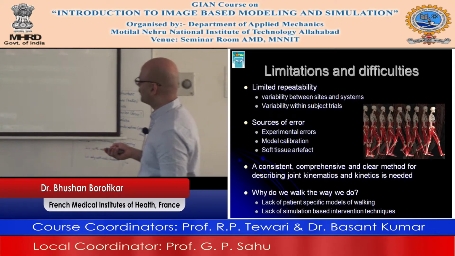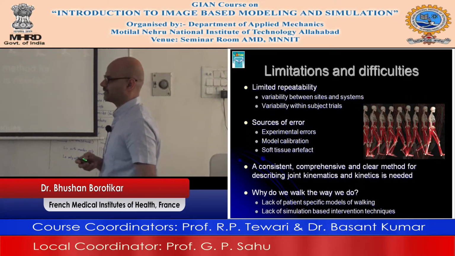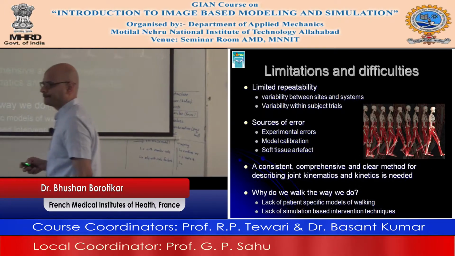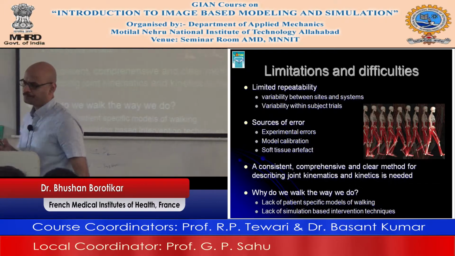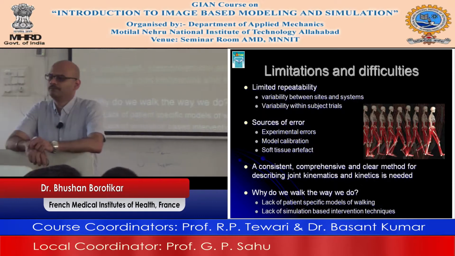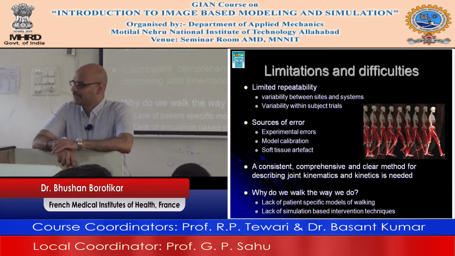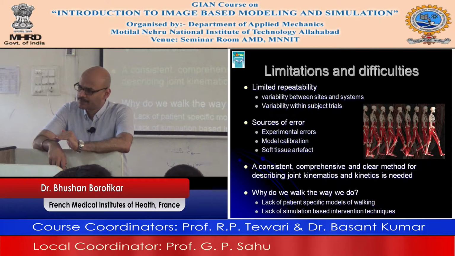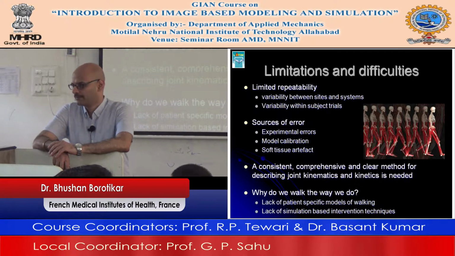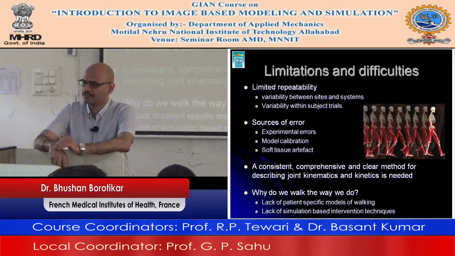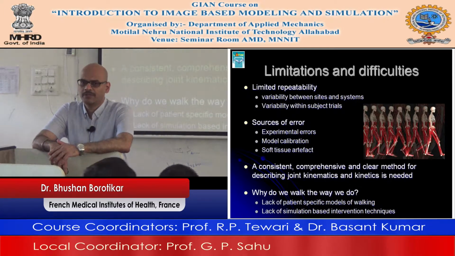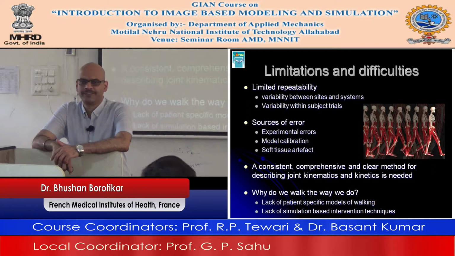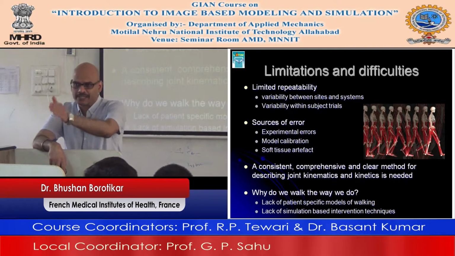And then there is a lack of simulation-based intervention techniques. That means we do not have intervention techniques that are based on model simulations, because the simulation techniques themselves have errors. We are trying to resolve these errors over the years, but we are still not there to say confidently that this is what is happening to this guy.